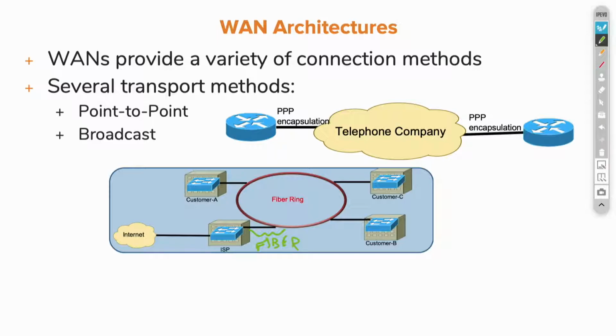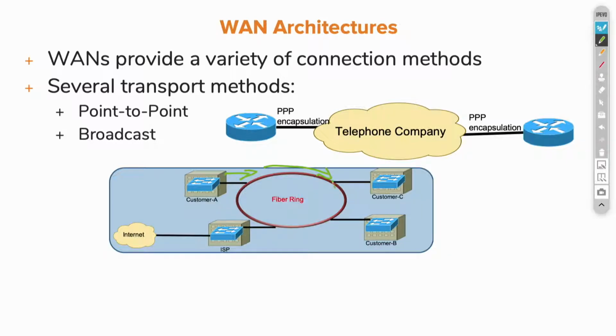In this one right here, once your data gets put onto the fiber ring, everybody connected to that ring will see it. So let's say, for example, that in this particular case, customer A was trying to send data to the ISP. Well, once customer A puts his data on there and it starts going around this ring, broadcast-based WANs or even broadcast-based LANs mean that everybody connected to this network sees it.